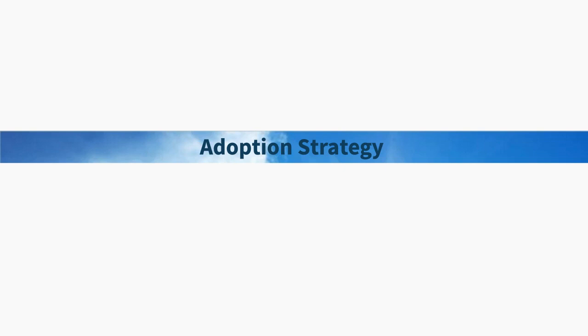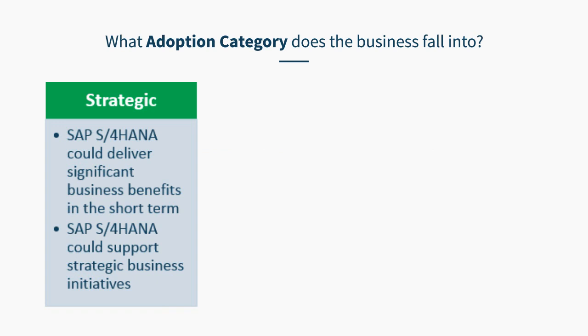And you'll find that you fall into possibly 3 different high-level buckets, depending on the outcomes of what we just talked about. And so the first thing is you might discover that you're a strategic adopter, meaning you've looked at all of these benefits, you've looked at where your system stands today, and you can see very clearly that there's significant business benefits that could be delivered to your business out of S4 right now.